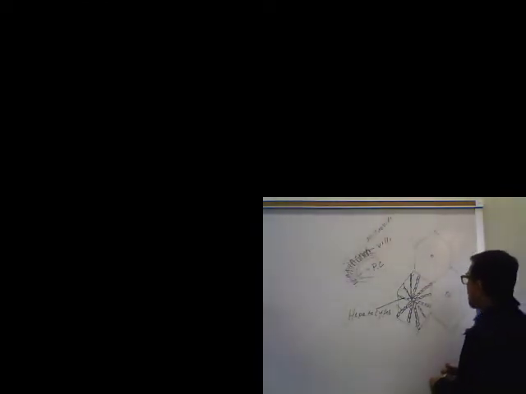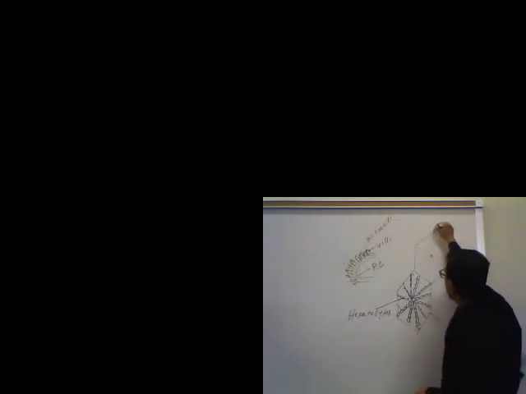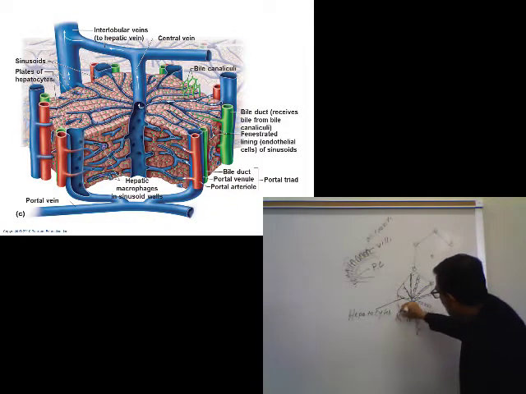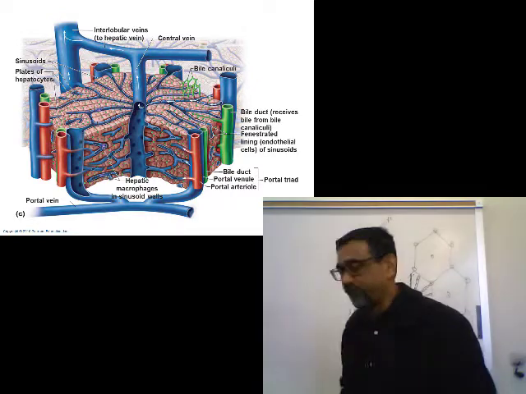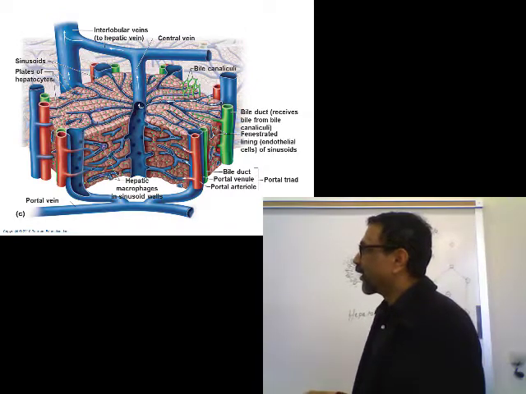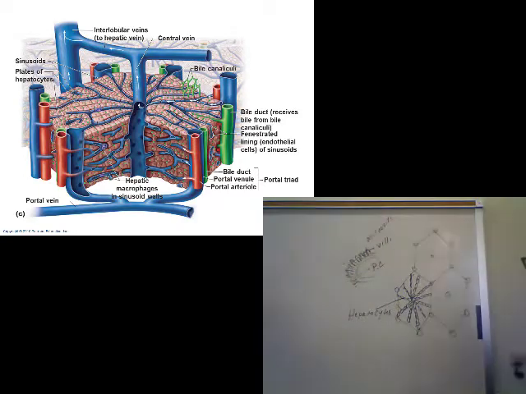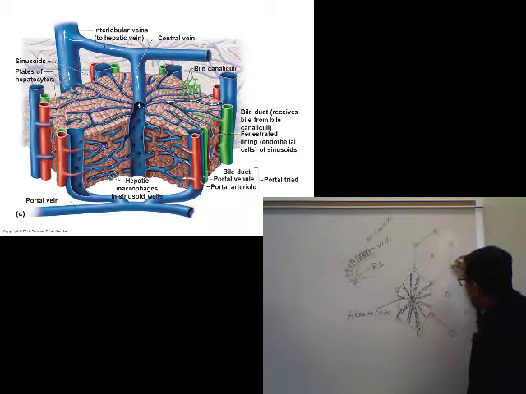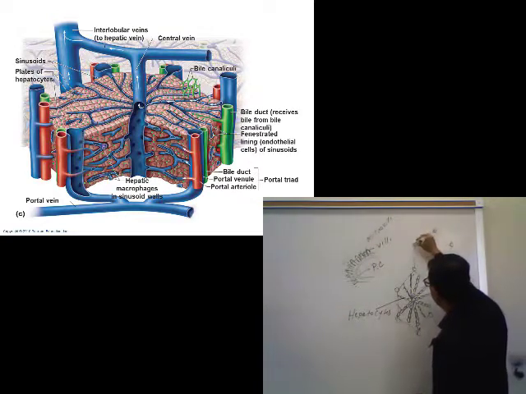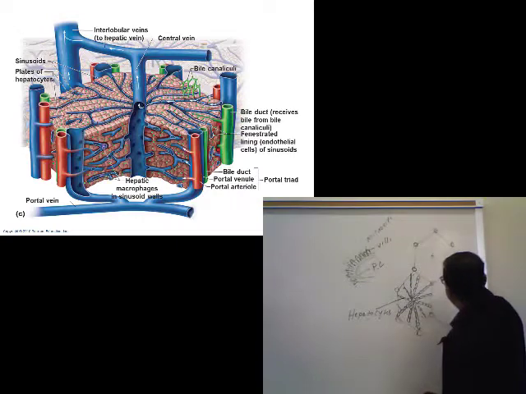Now, at the corner of each angle, you have the portal tract. Portal tract, you see right bottom. Portal tract is the structure located in each angle of the hexagon or liver lobule.